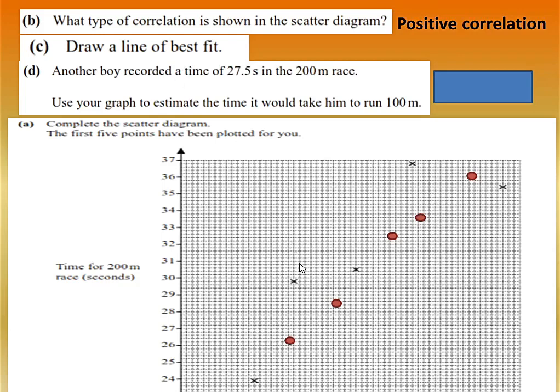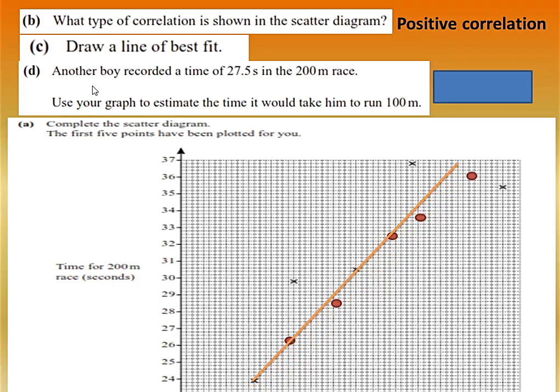How to draw the line of best fit? For the line of best fit, we can cover some of these points on the line, leaving some points above the line and others below the line like this, because all points can't be covered by a straight line. This is the answer of C part.